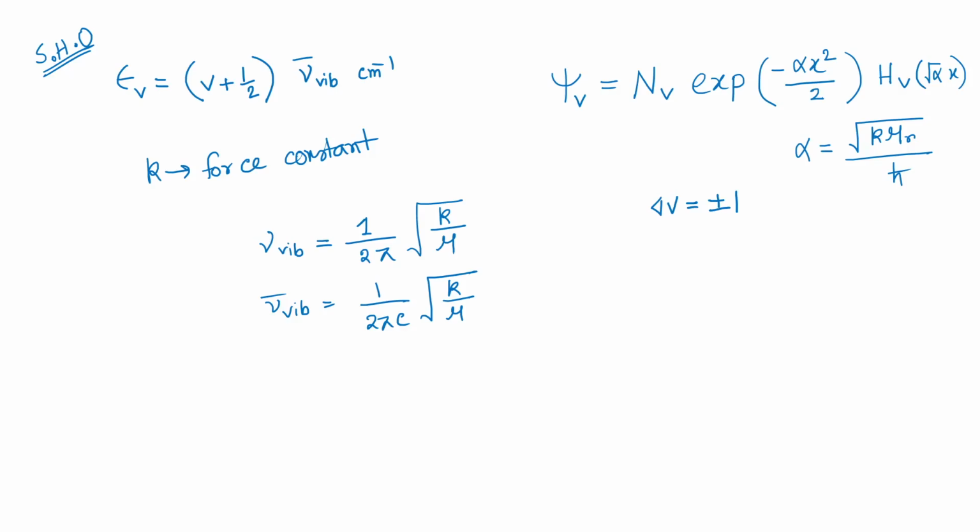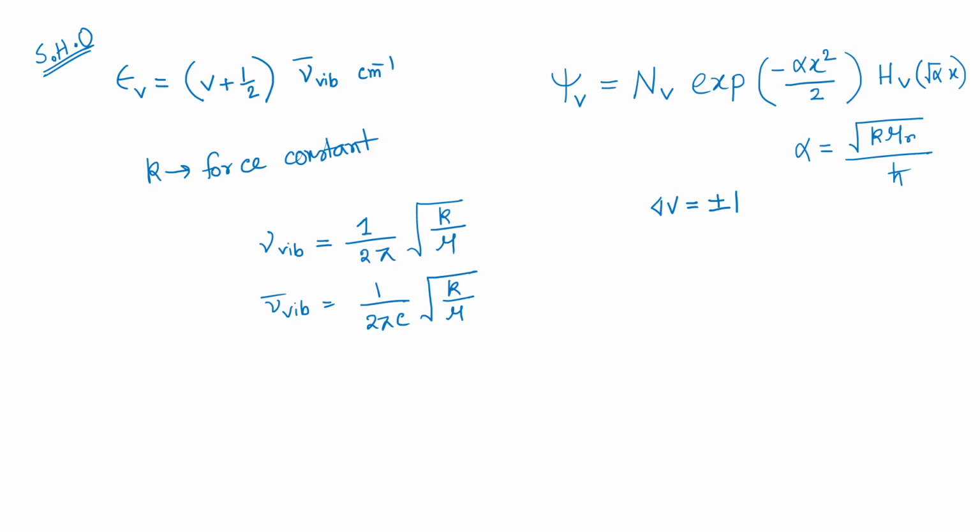While oscillating, there should be some change in the dipole moment, and that is going to be constant in the ambit of simple harmonic oscillation. Then it is going to be some constant d mu by dx at equilibrium distance, x equal to 0.